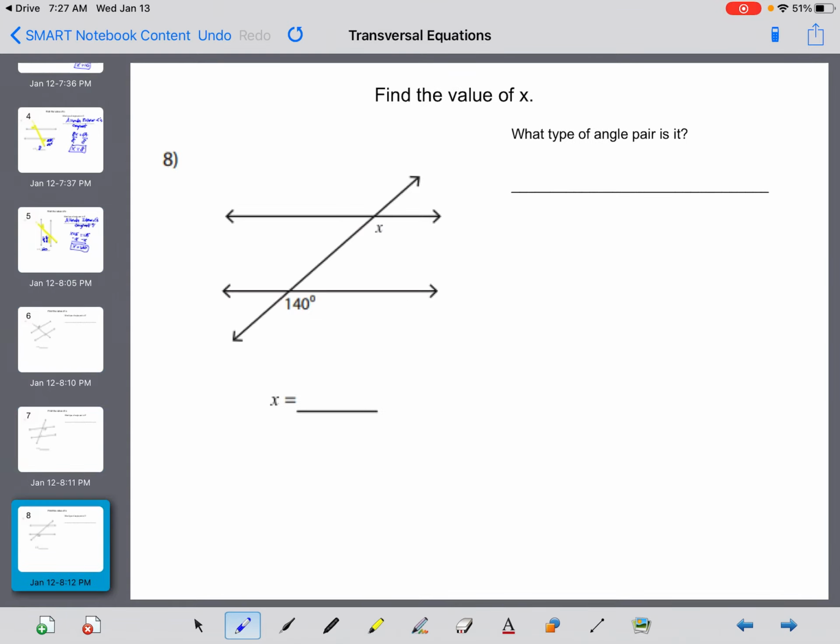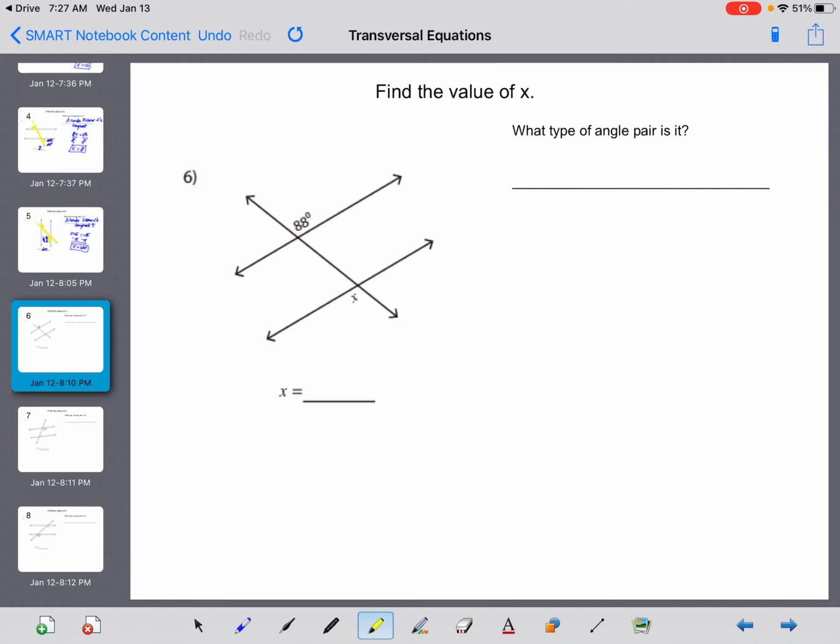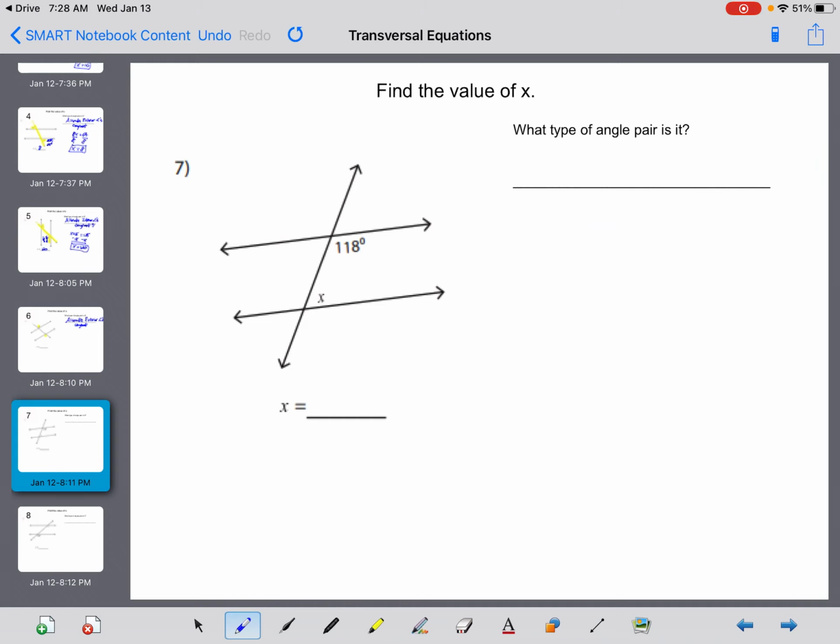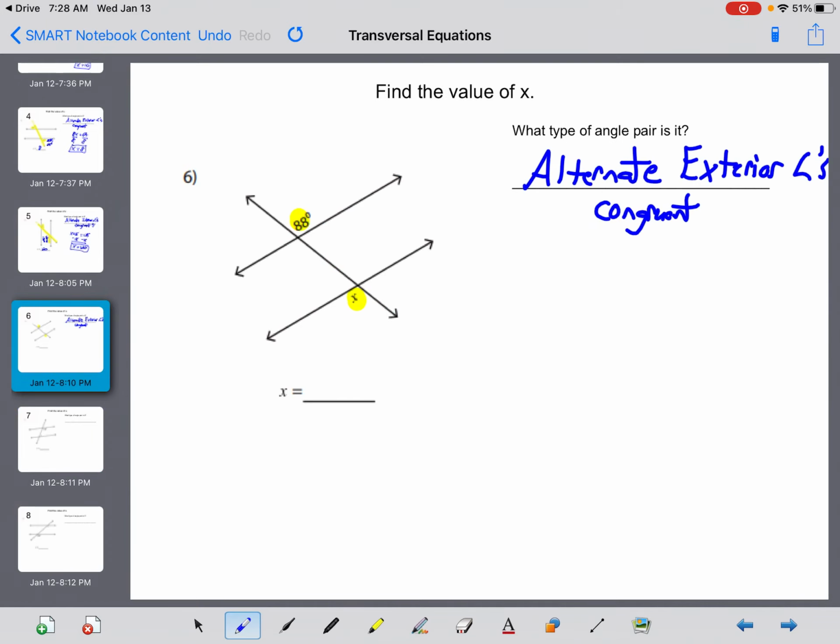Okay, the last three I'm going to set up for you, and you solve them on your own. You have alternate exterior angles here, which again are congruent. So we're going to set up the equation as x equals 88.